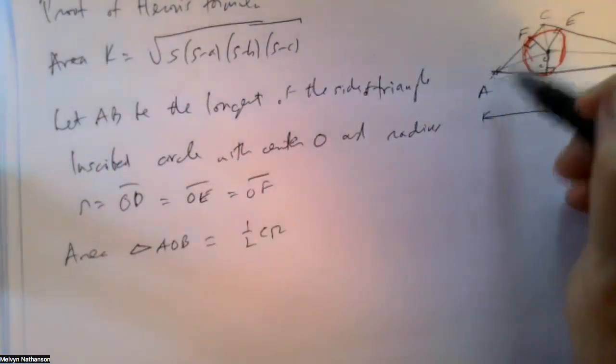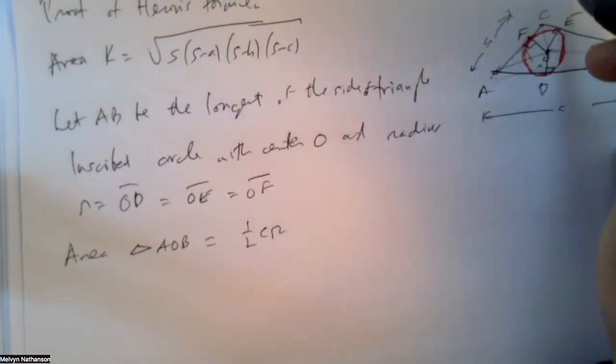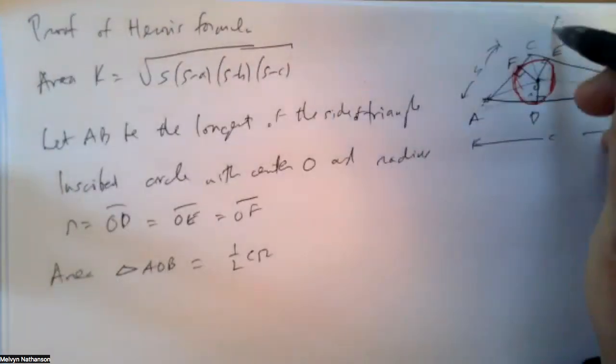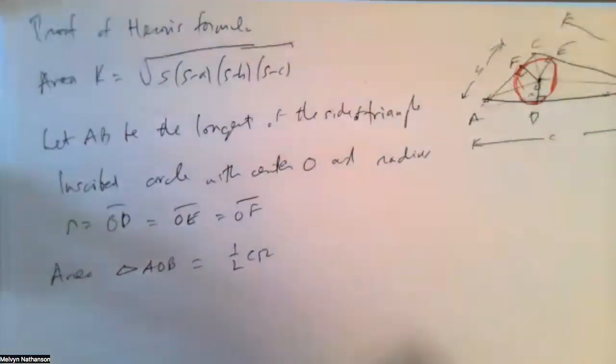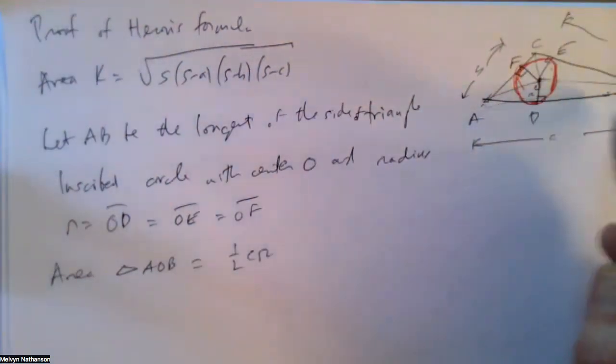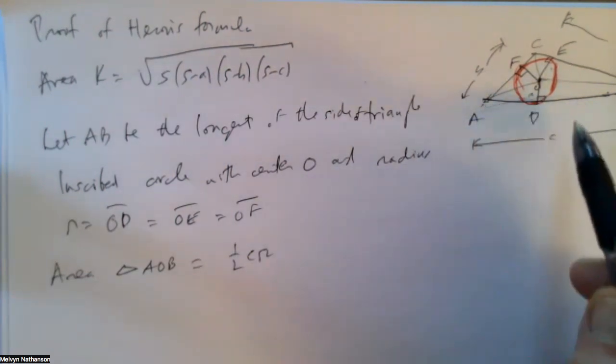Let's call the distance from A to C, B, and the distance from B to C, A. So the area of triangle AOB is half the height R times the base C.